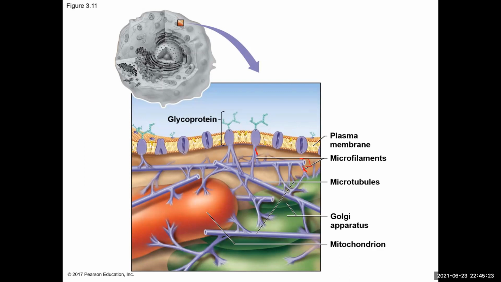They're attached to the mitochondria and the Golgi apparatus, holding everything in place, and they also attach directly to the plasma membrane via proteins that span the length of that membrane.